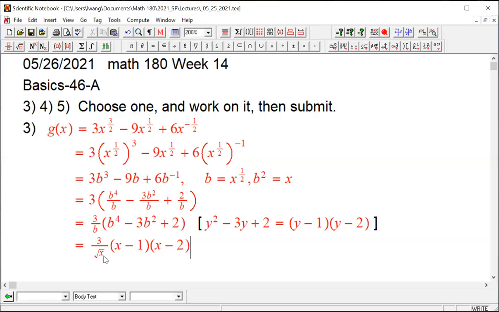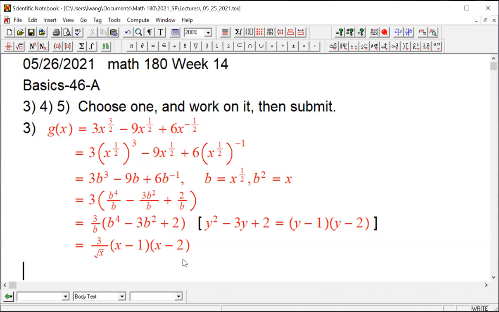So the domain is x must be larger than 0 because there's a square root in the denominator, right? So all the values that make g of x undefined will be 0 or less. So let me write it down.